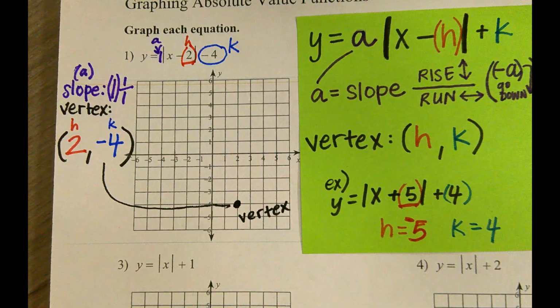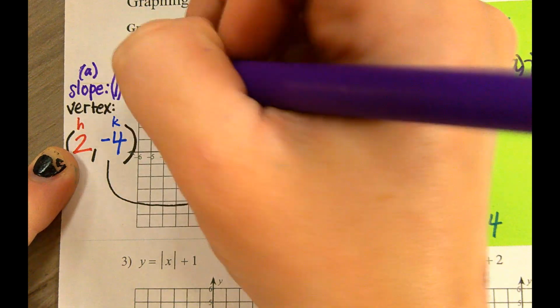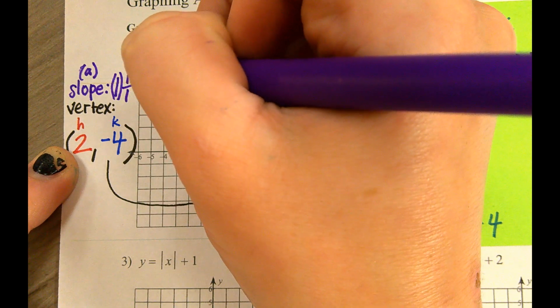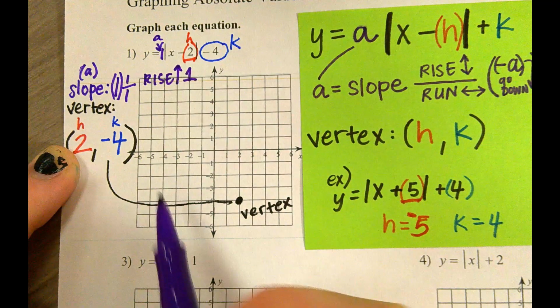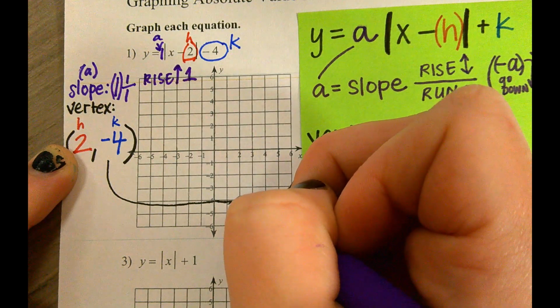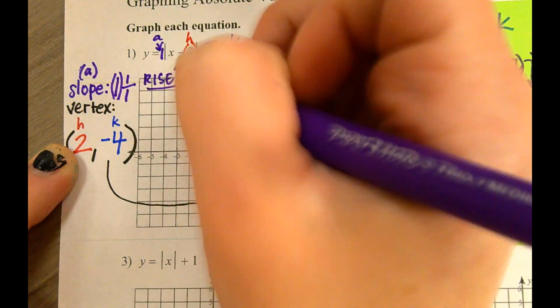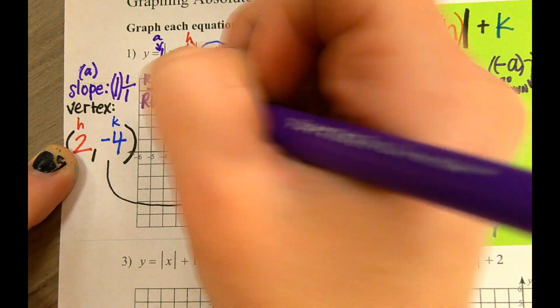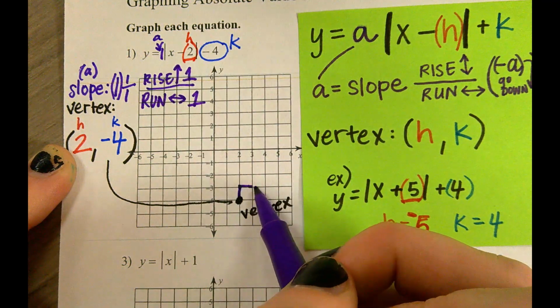So if my slope is 1/1, that means we rise up 1, and then we run 1.